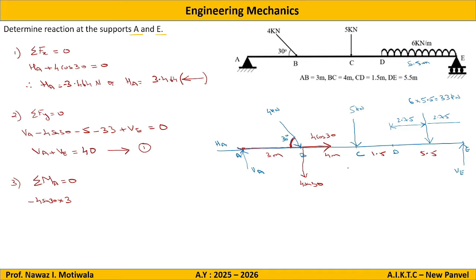Then this force again making a clockwise moment, so minus of 5 into distance, 3 plus 4, that is 7 from point A. Then this force again making clockwise moment, so minus 33 into distance from point A, 3 plus 4, 7 plus 1.5, that is 8.5, plus 2.75, so it is coming out to be 11.25. Then we have VE, which is making an anti-clockwise moment, so plus VE into distance 14.